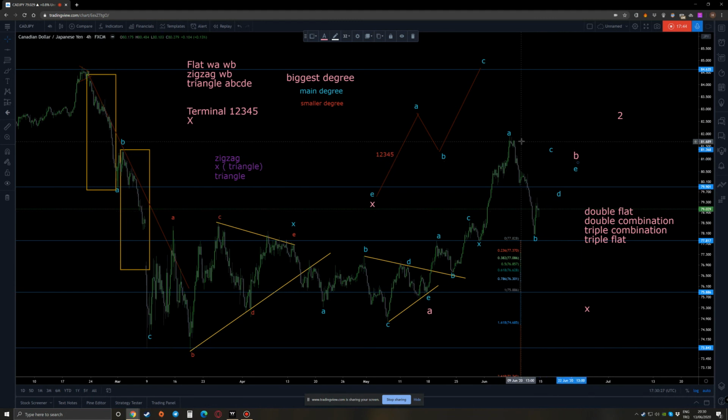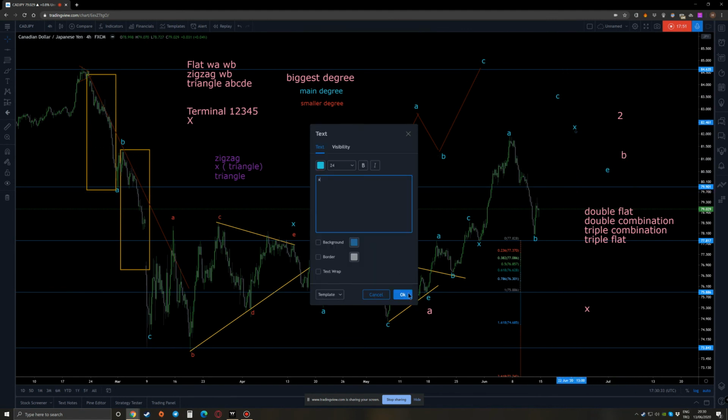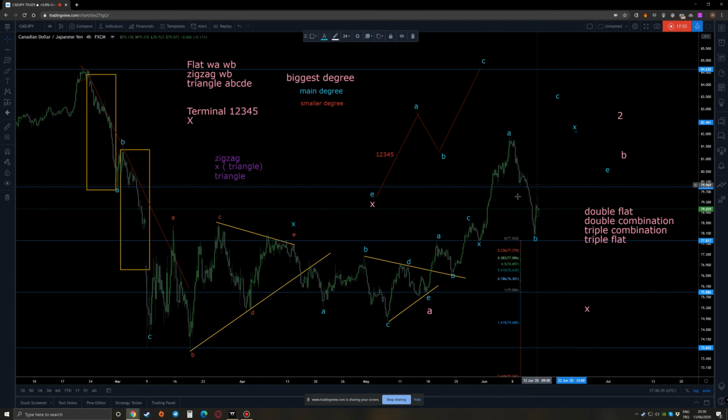It can make, after this ABC, another C wave here. It can make, after the C wave, another X wave, and it can make something like A, B, C, D, E, and it will be a triple combination for B wave. Okay? But you should know when to enter the market and when not to.